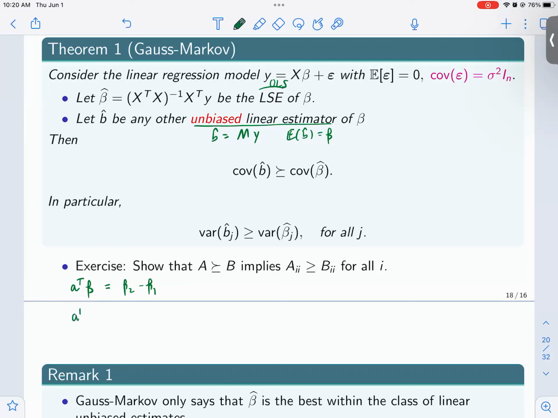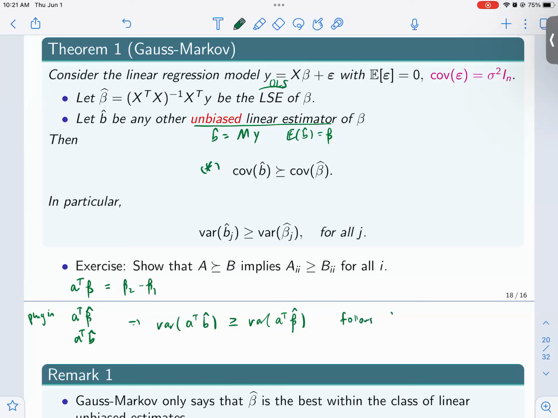I have two candidates: aᵀβ hat from the OLS, the plug-in estimator based on β hat, and aᵀB hat from the other estimator. These give me two different estimators for that quantity. From the result, we get that the variance of the plug-in estimator based on B hat is bigger than or equal to the variance of aᵀβ hat. This also follows from this fact.